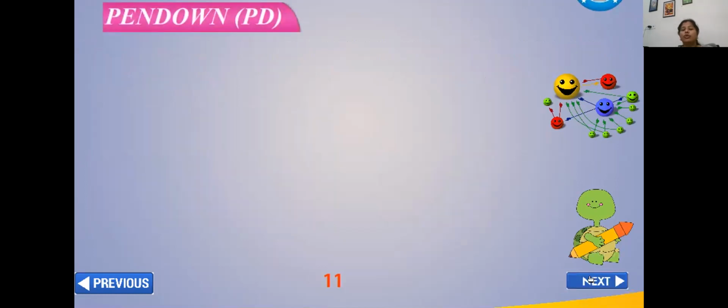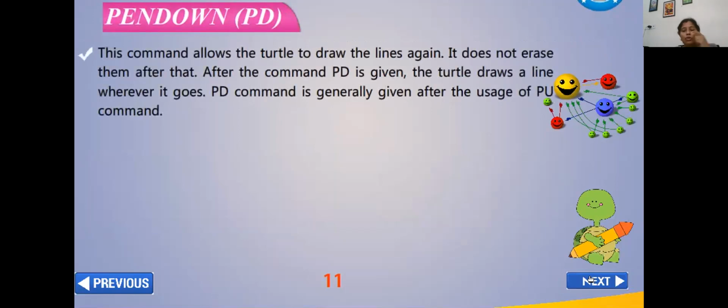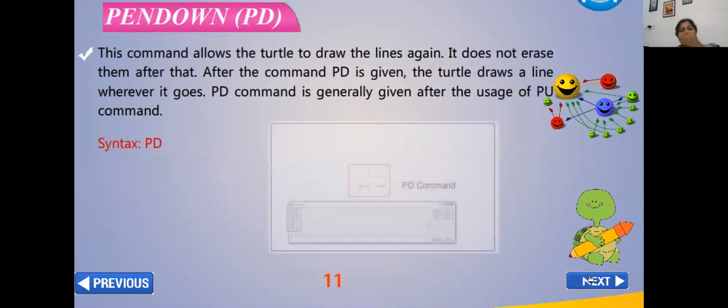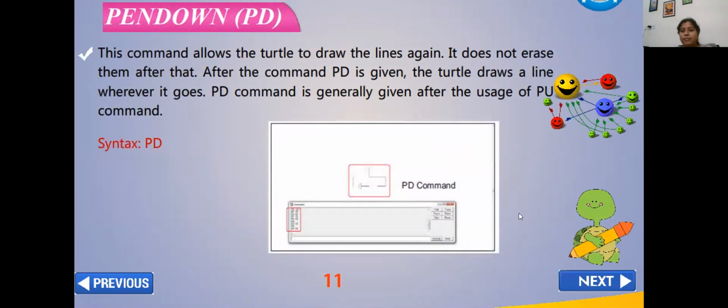Once you use pen up, if you want to draw the line again, you have to use the command called pen down. The syntax for it is PD, and then whatever instructions you give the turtle to follow, either go forward, left turn, right turn, it will follow, and this time the line will be printed.